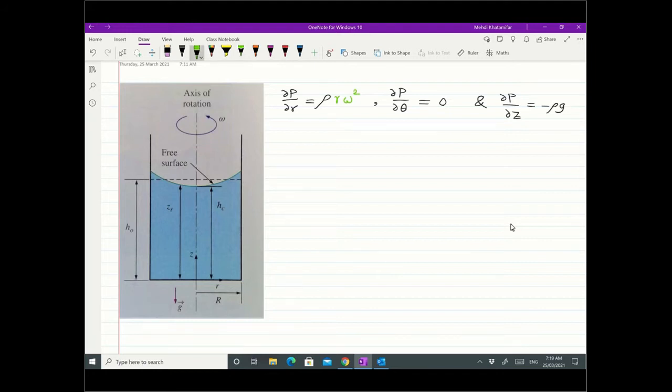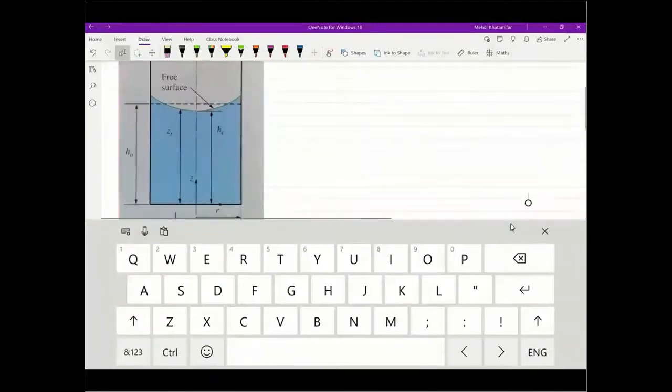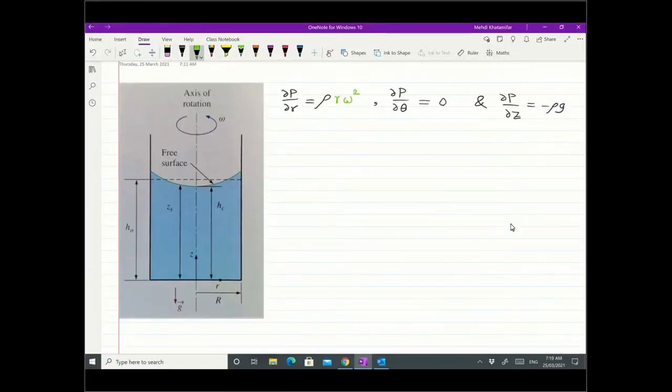Let's decide about main axes. For this case I'm going to have r here at the bottom starting from the center, and z again at the bottom and center, upward is going to be positive.